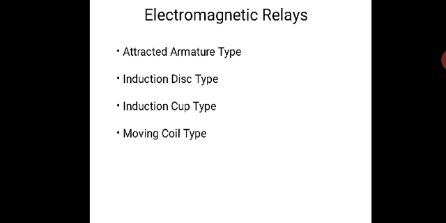Based on technology, electromagnetic relay, static relay and microprocessor based relay are used. In electromagnetic relay, there are 4 types of relay used, and based on function, the overcurrent relay, under voltage relay, impedance relay, under frequency relay and directional relay are used.